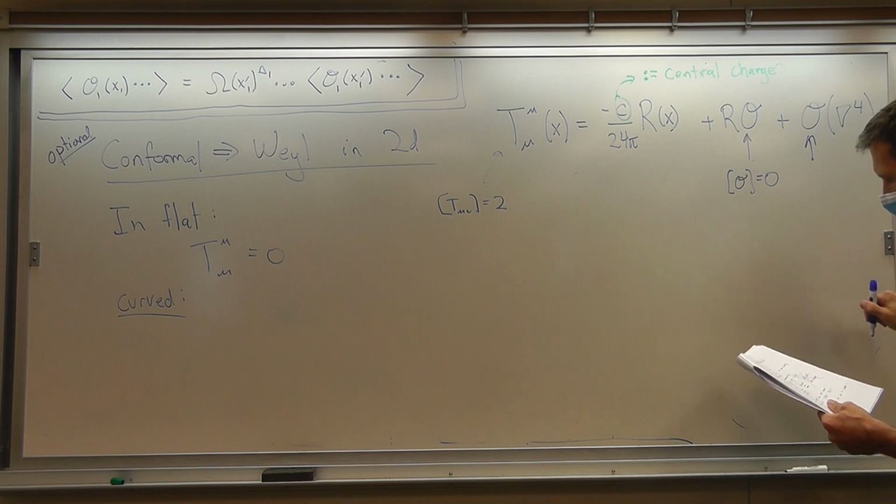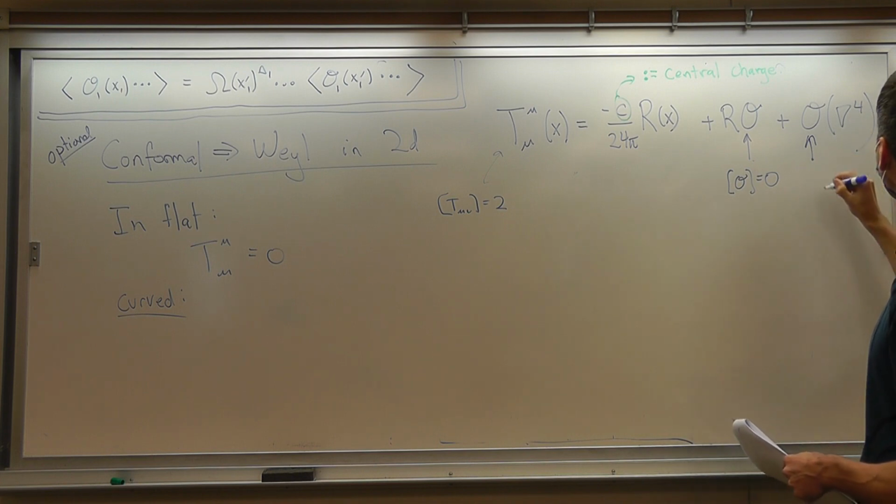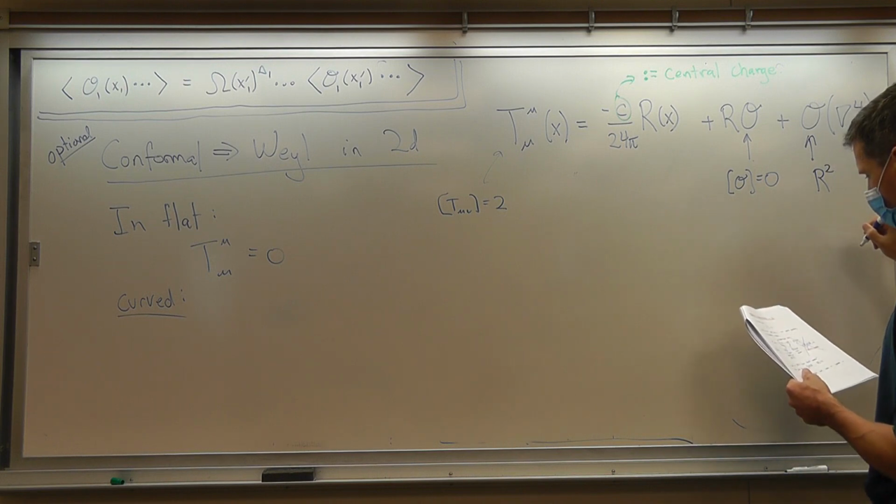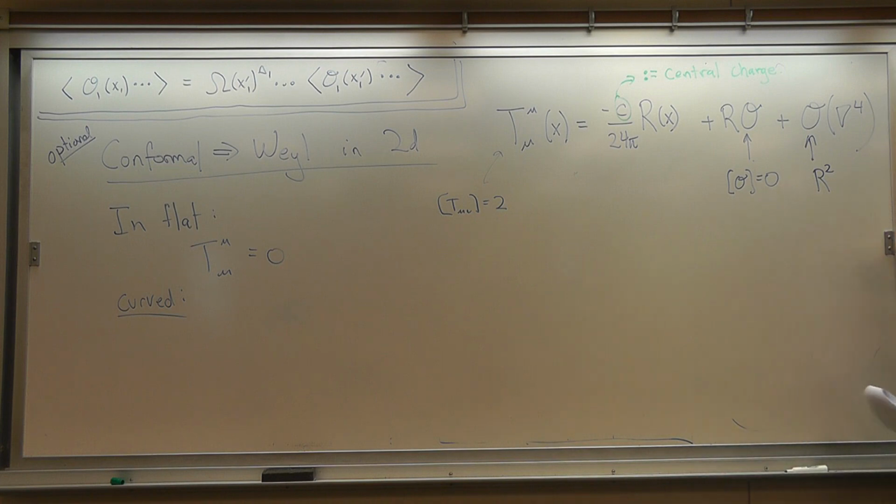You could write something like R squared, but R squared has the wrong dimensions. It has dimension 4, so you better put an O tilde in there with dimension -2.